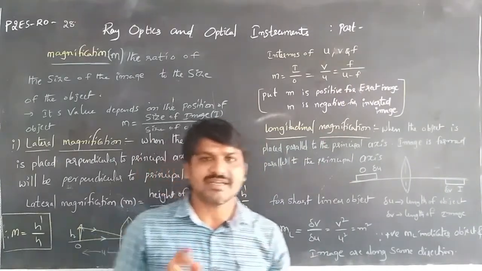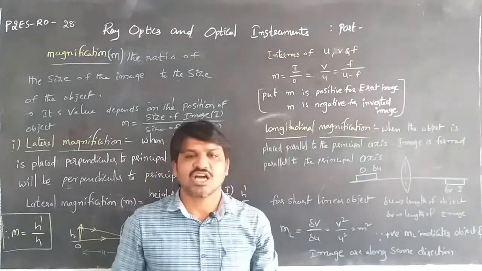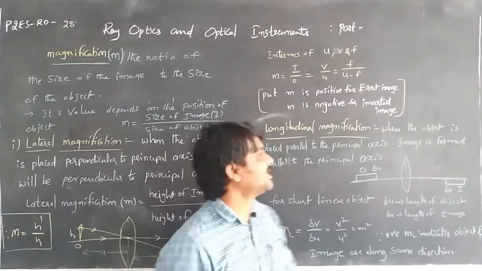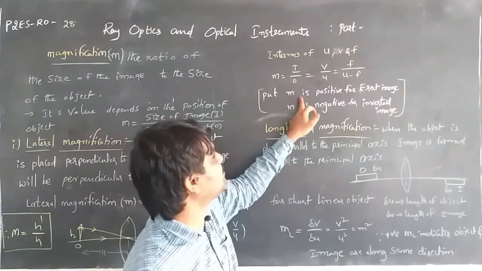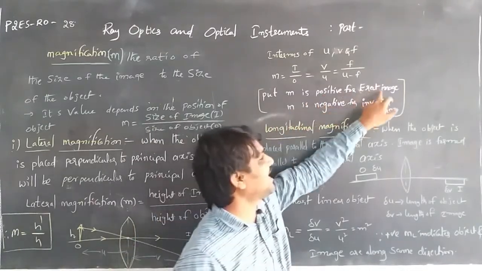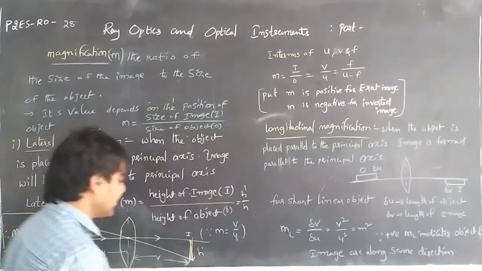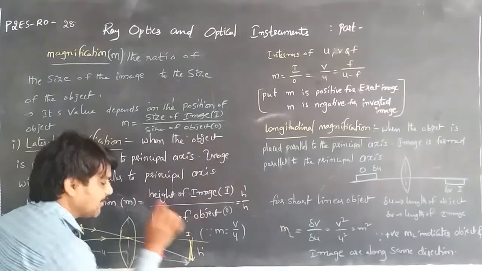Here m should be taken positive for the converging lens, meaning convex lens. m is positive for an erect image. Erect image means the image is formed above the principal axis.